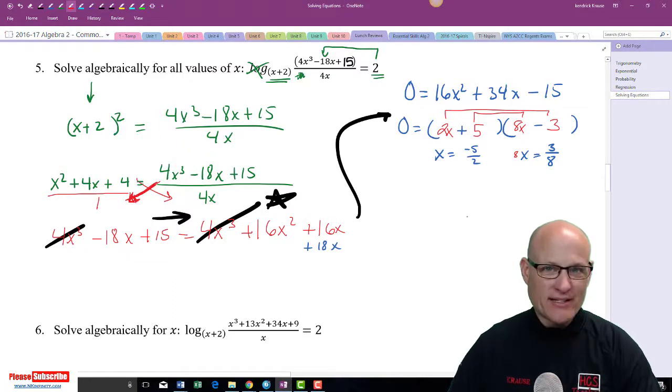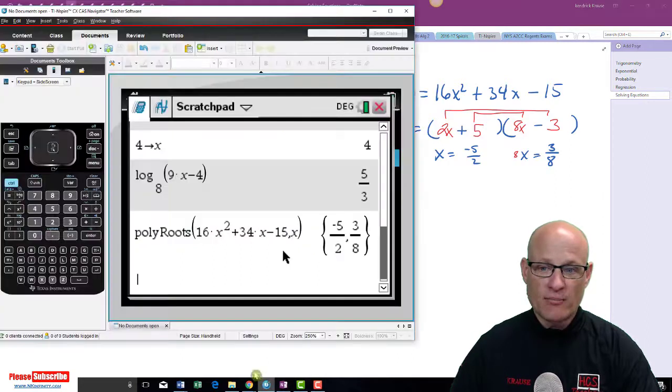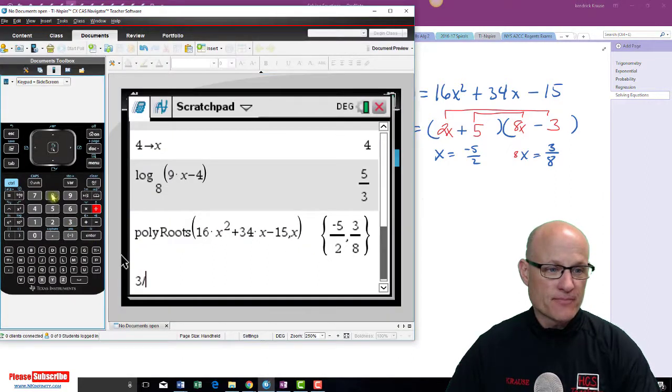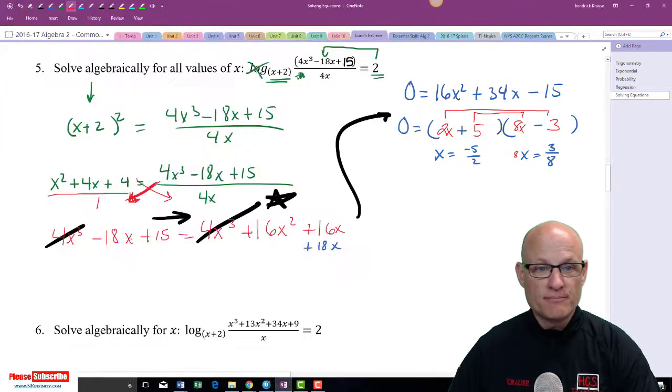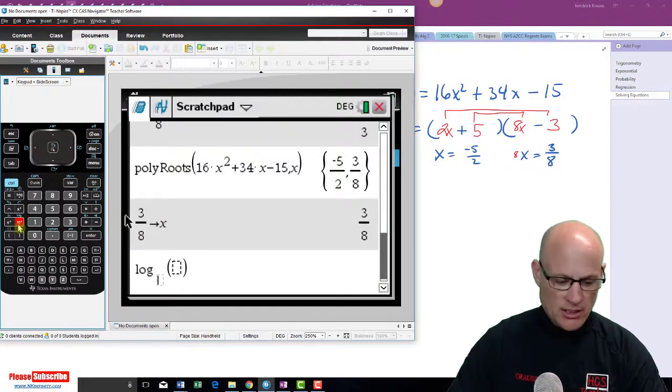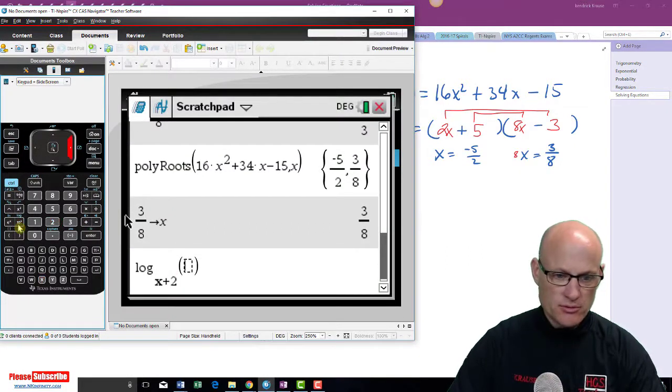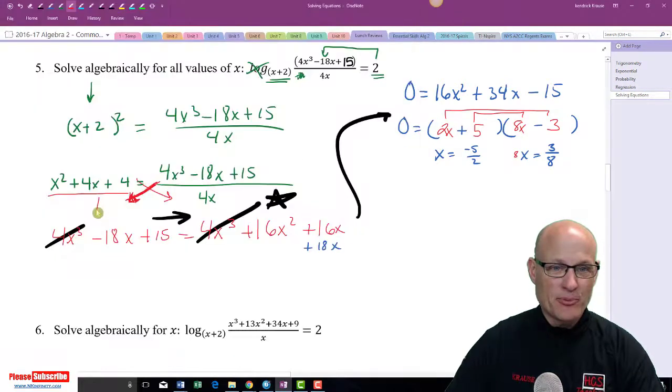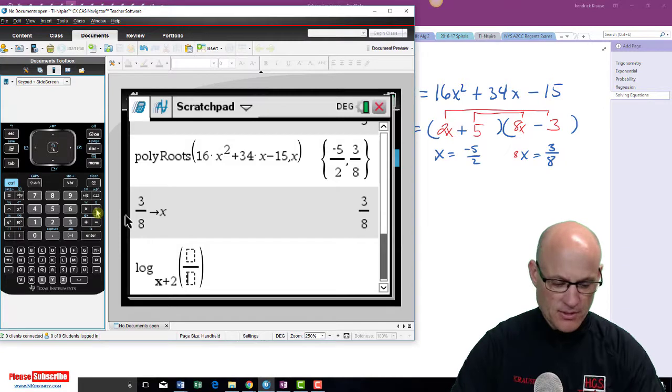Now you must check them. So let's check 3/8. Remember, if they both don't work, you done screwed something up. So log, control division, write it in exactly as it appears: 4x cubed, 4x.